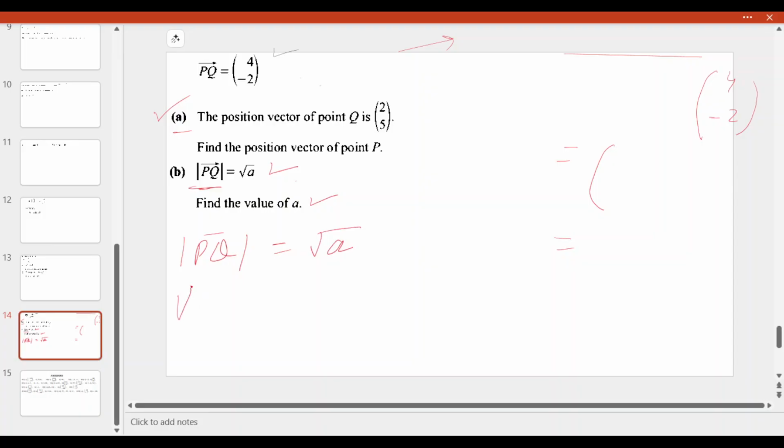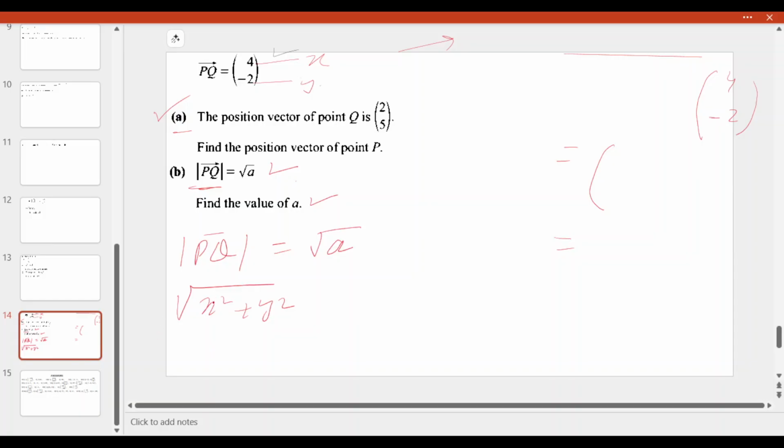So we know that we can find the magnitude of the vector by taking the square root of x squared plus y squared. Here the vector PQ, and this is the x coordinate, this is the y coordinate.